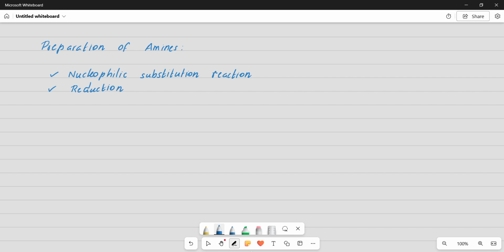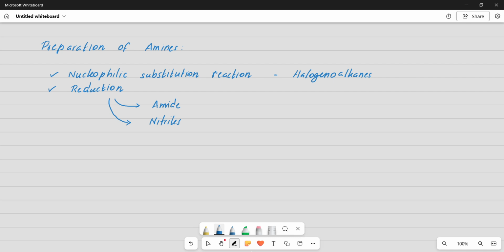For the nucleophilic substitution reactions, we are going to have halogenoalkanes as the main reactant. The reduction can be done from two different compounds. Amides can be reduced to amine, and nitriles also can be reduced to amine.